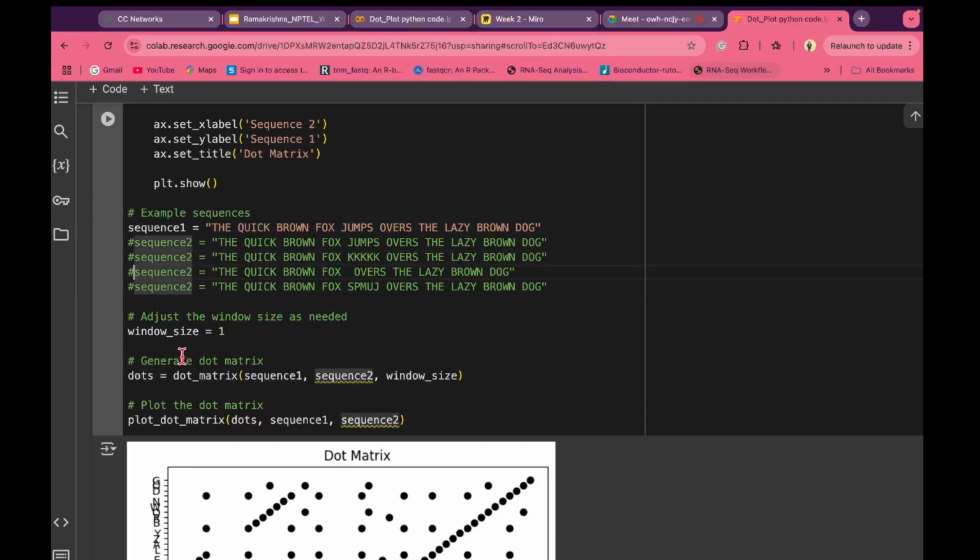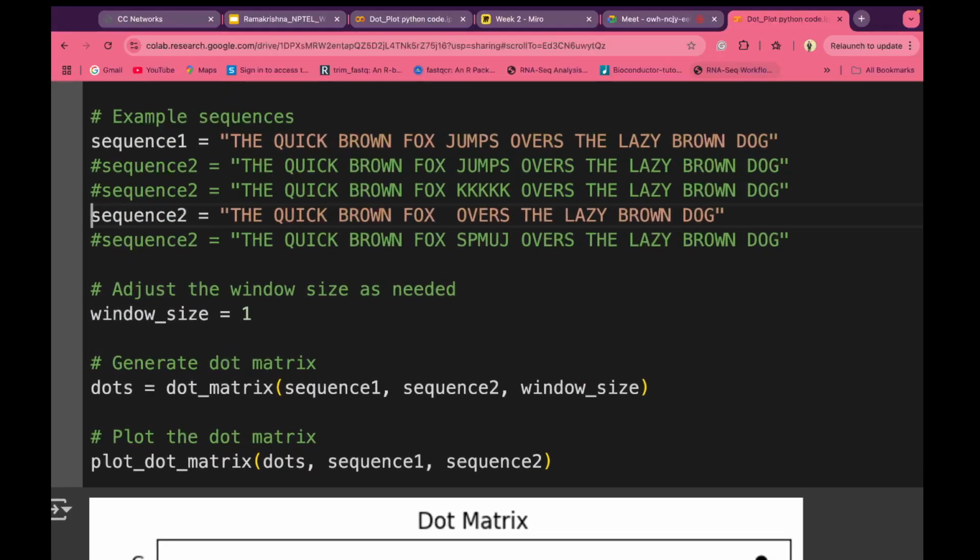Now I am selecting the other sequence too. Can anyone see and tell what is the difference between sequence 1 and sequence 2, which are shown in white color?